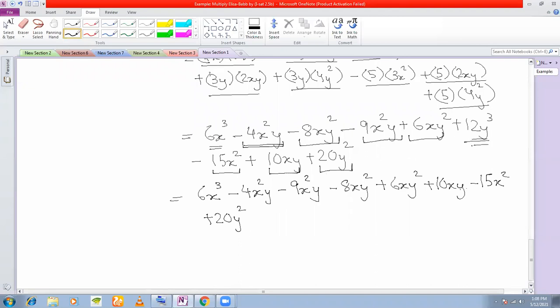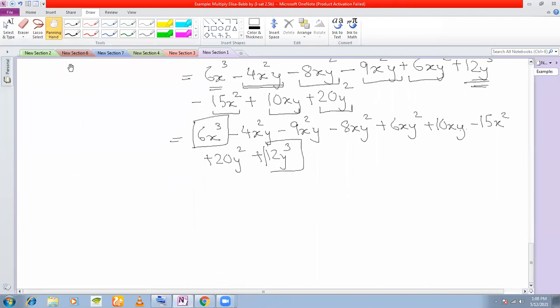And finally, you have a 12y cube. See that I have kept the highest power of x and the highest power of y on the two extremes, and whatever else in between. Okay, this is a good habit of writing. 6x cube. Now minus 4 minus 9 is minus 13x square y.